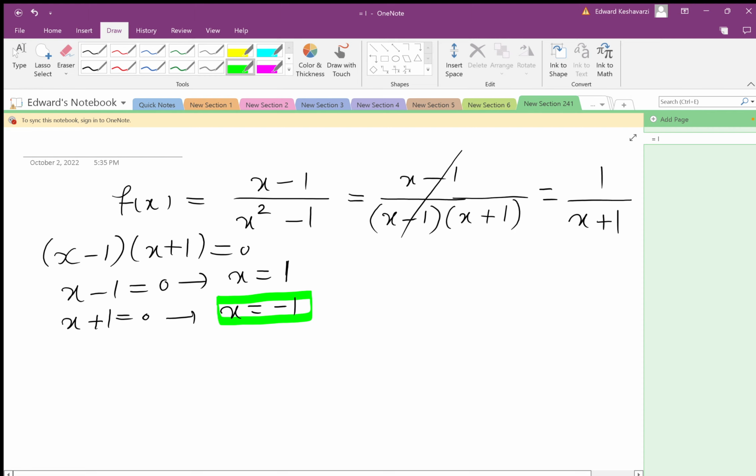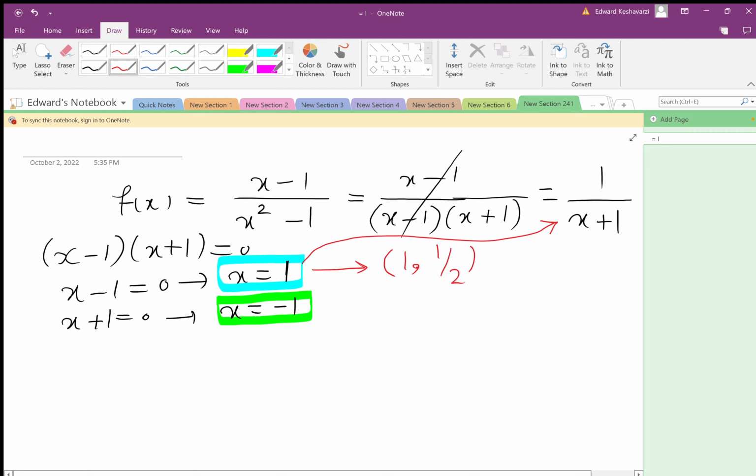But the one that you canceled, which is x minus 1, if you set it equals 0, you get the removable discontinuity. So for the removable discontinuity, we can show the coordinates. X is 1, and then if you plug in x equals 1 in the simplified version, it's going to be 1/2.